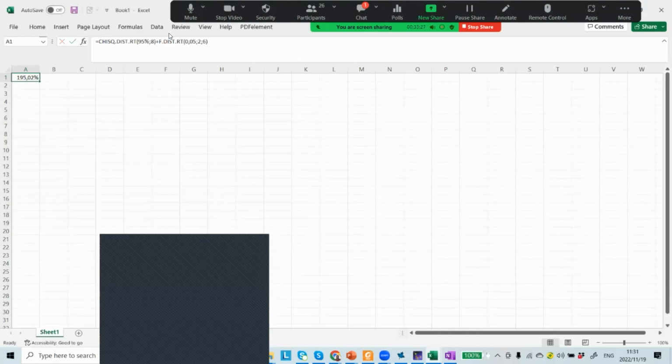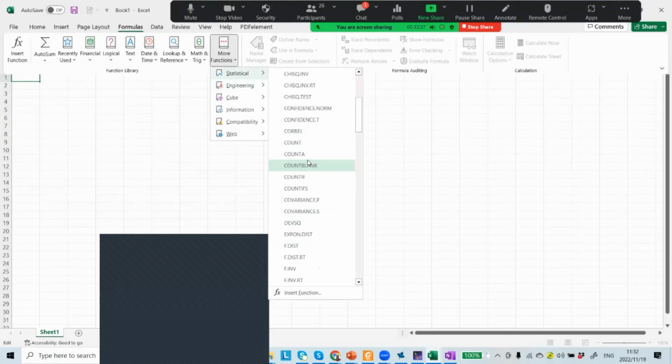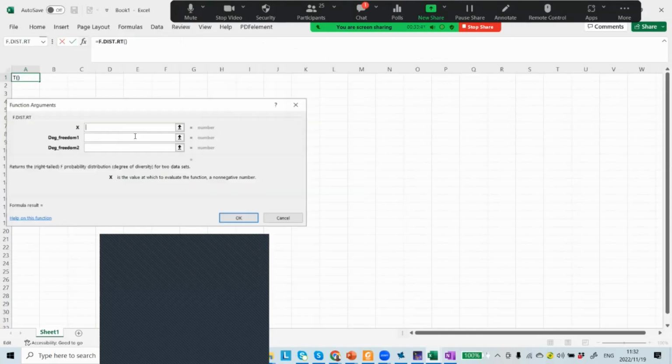0.05. It's cumulative. It's given from here. It's supposed to be 0.05, 2 and 6.